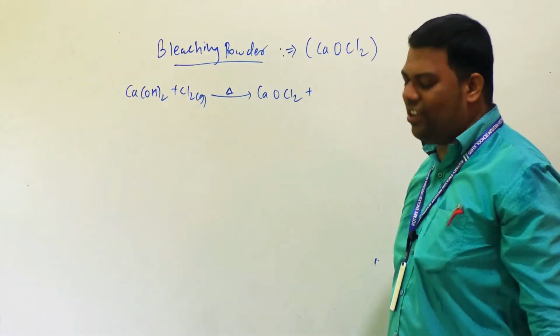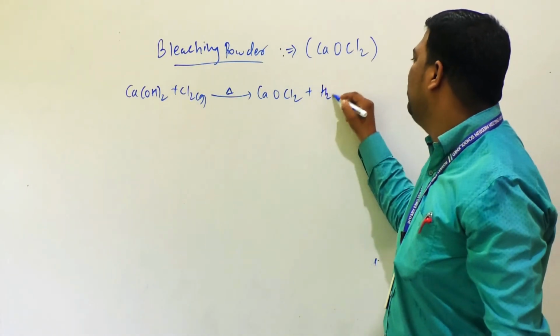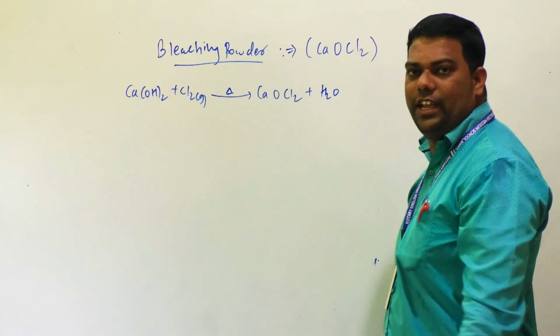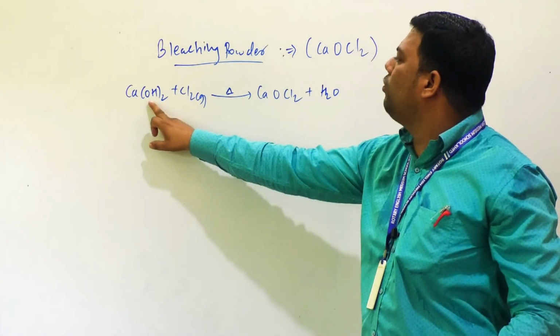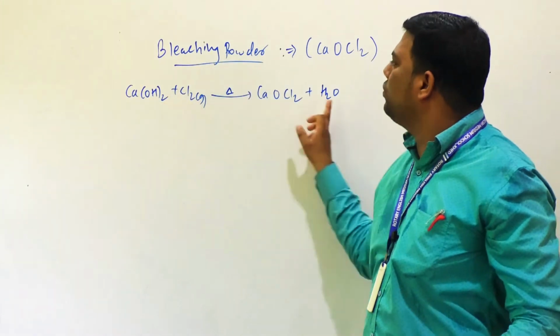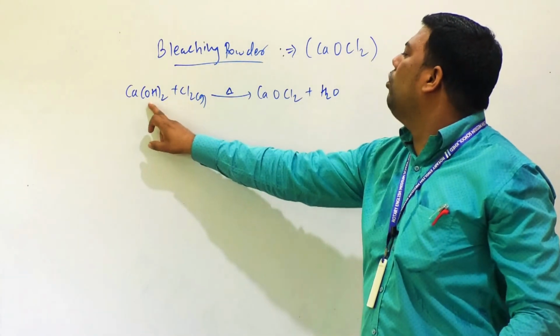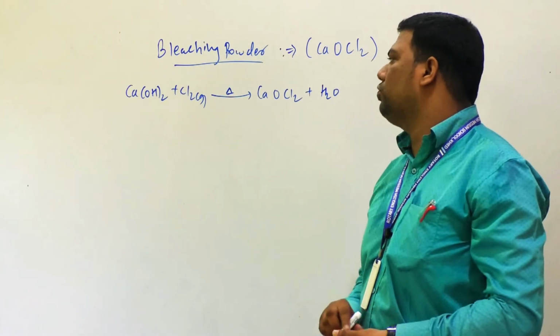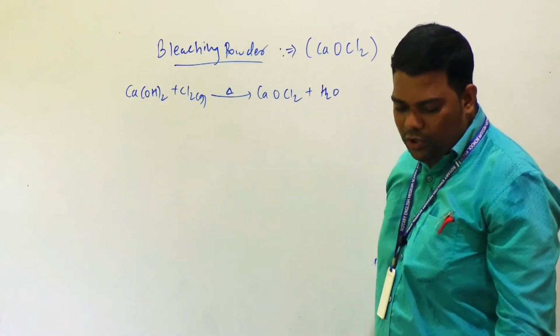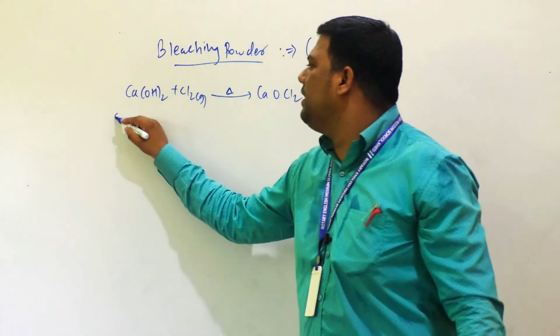Let us check whether the reaction is balanced: 1 Ca, 2 hydrogen, 2 oxygen, and Cl2. So everything is balanced.